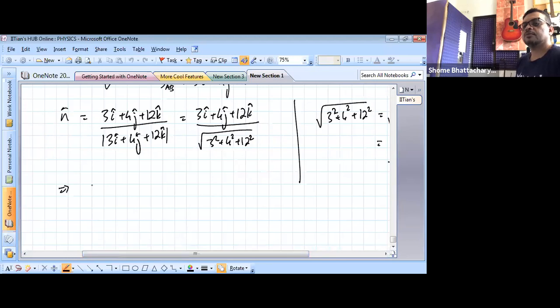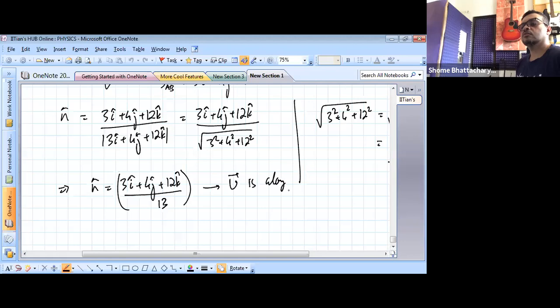So n cap is this unit vector. So the velocity is along n cap, and the magnitude of the velocity is 65 meters per second.